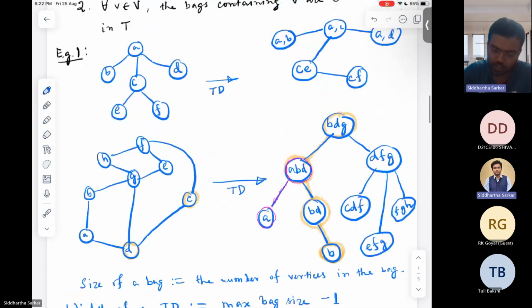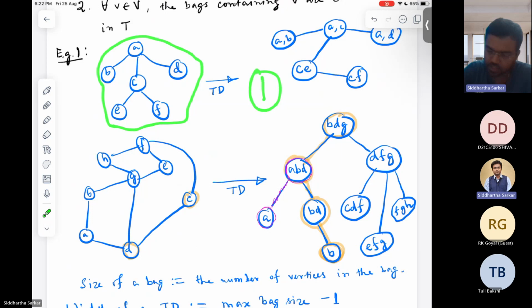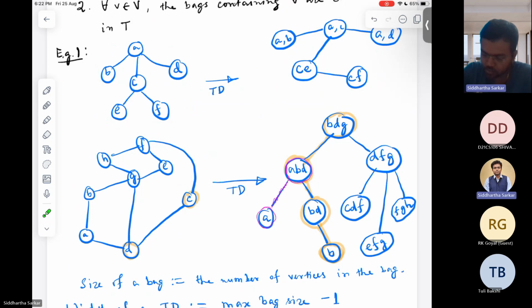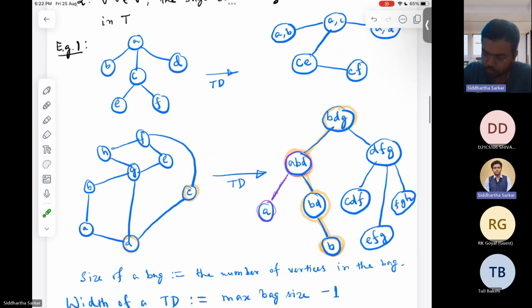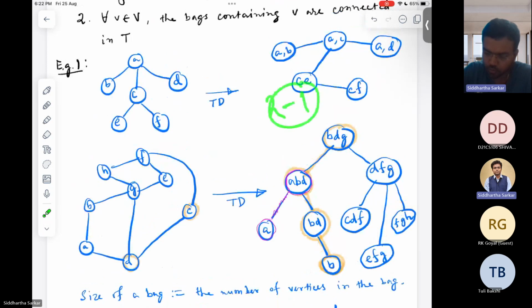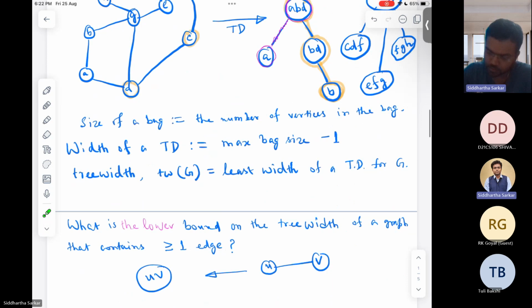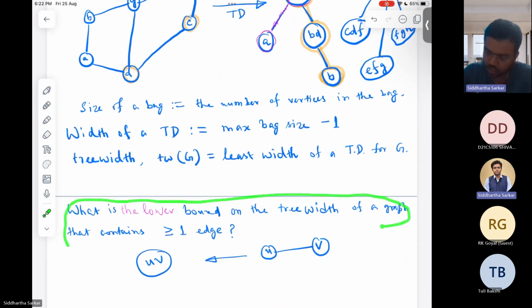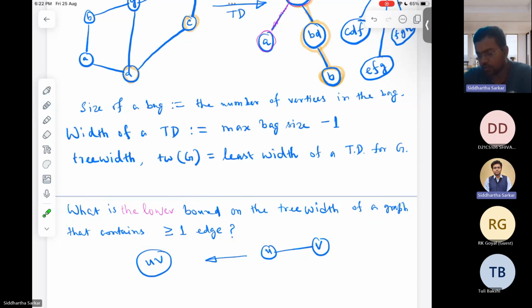For any tree, that means a graph that does not contain a cycle, the tree width comes out to be 1, as all the bags have size 2, so the width of this tree decomposition is 2 minus 1. For cycles, we will see, and there are other things we will see. So the first observation is that the tree width of any non-trivial graph that contains at least one edge is at least 1. So the lower bound is 1.